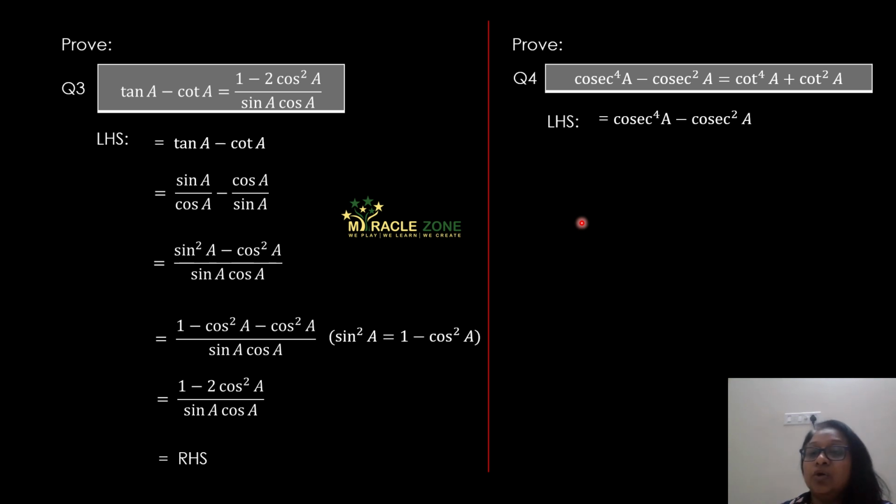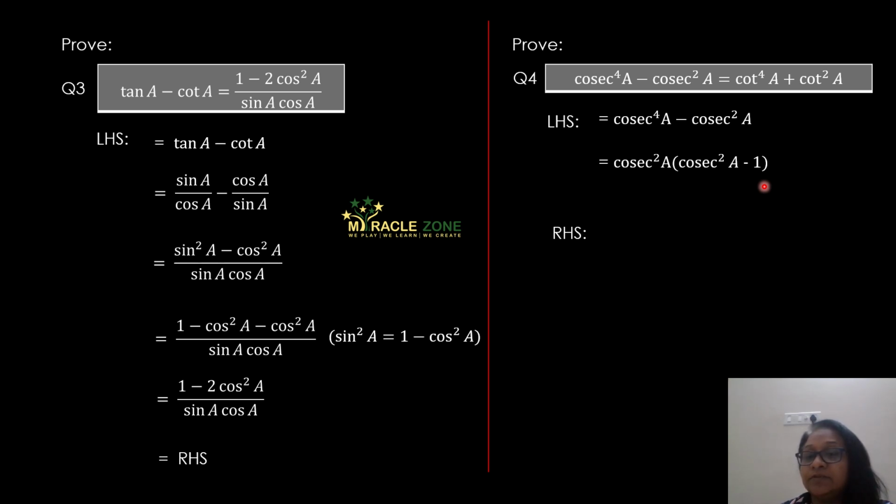You can take cosec square A as common. So we'll take that out. Cosec square A into (cosec square A minus 1). So sometimes we will stop in the middle, and RHS also we need to prove to this one so that we can equate LHS and RHS. So in this problem we will be doing like that.